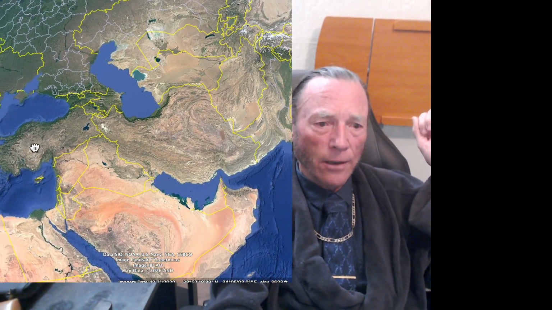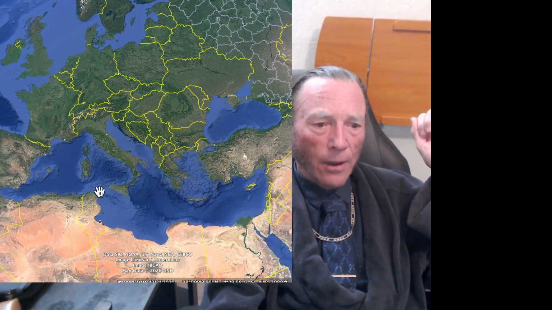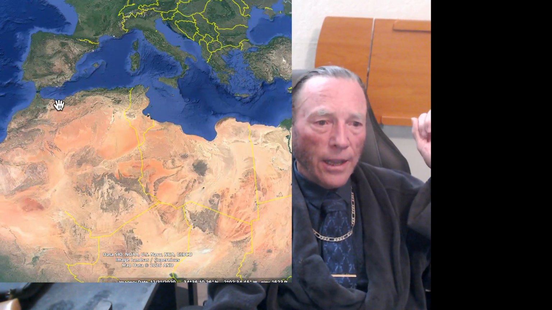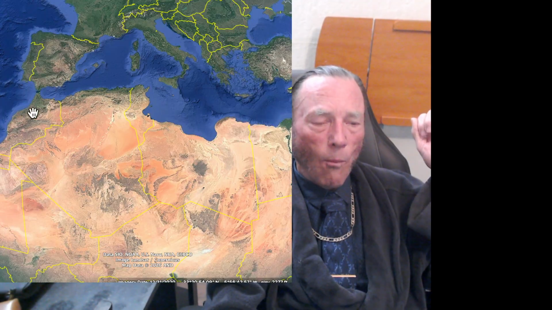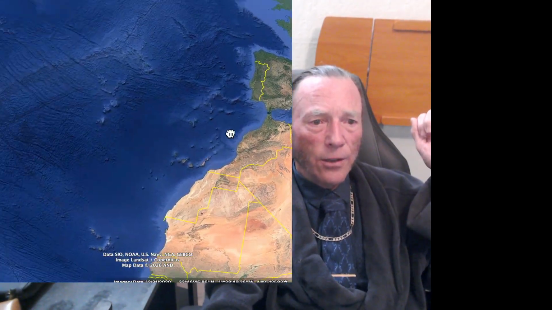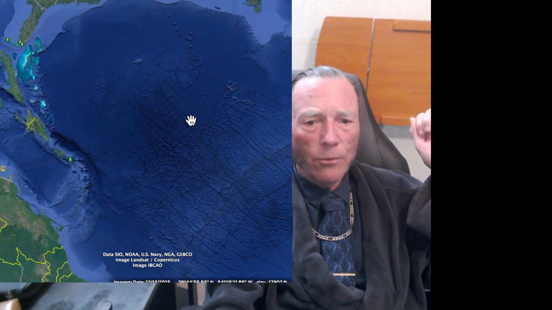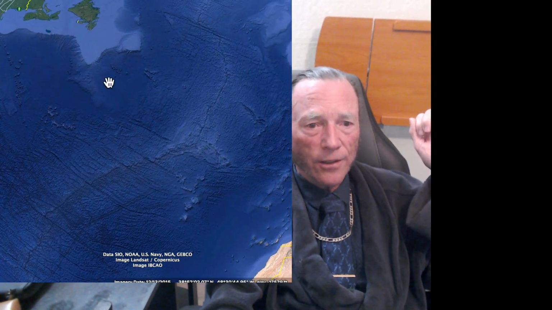And that cursive line that we began by looking at curls through here and ends up here. And it ends. And then you find this mid-Atlantic ridge.